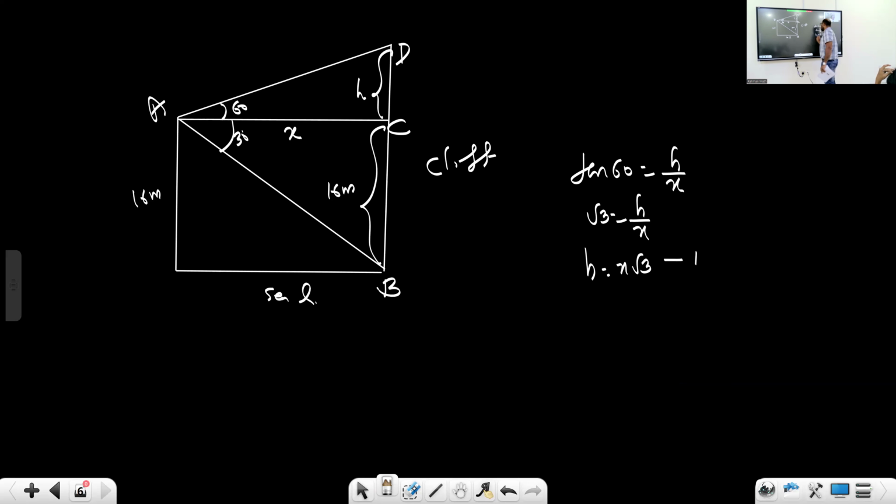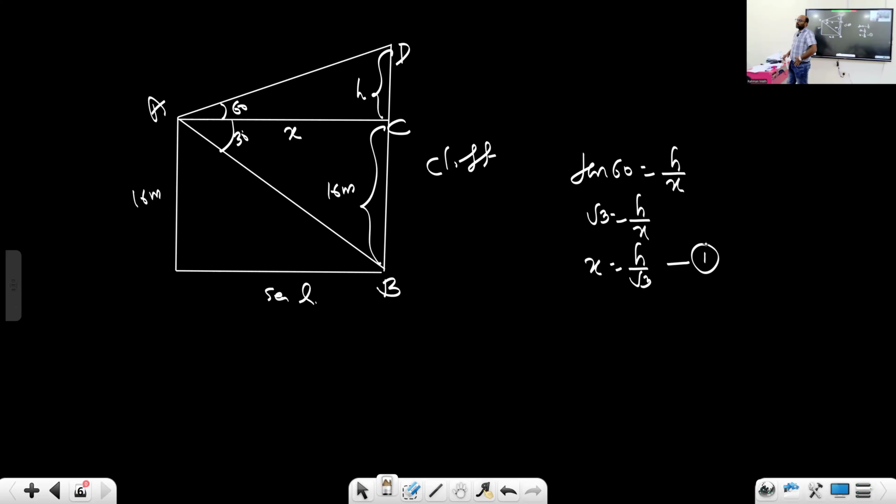Or we can write x equal to h by root 3, which is better because calculation is easy as x is common in both. Equation number 1, x equal to h by root 3, just interchanging the position.